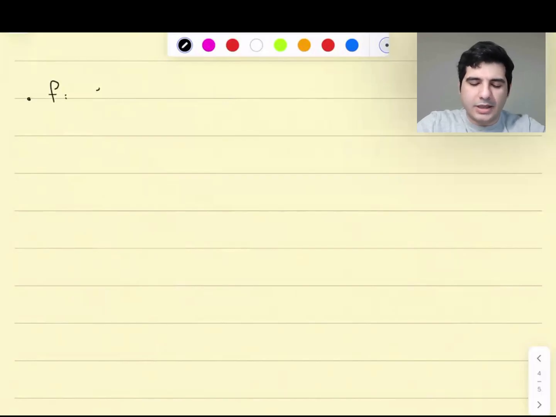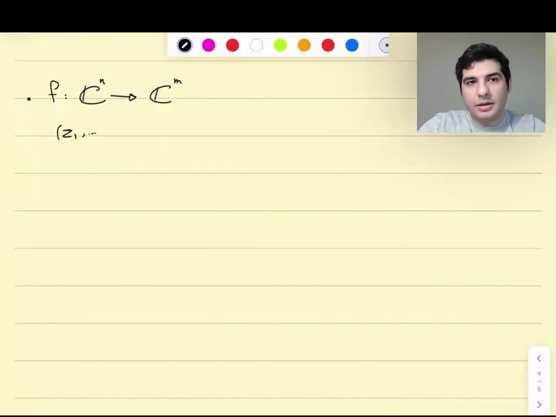Let's think about that for a second. If we have a function f from Cn to Cm, the input is from Cn. So the input is an n-tuple of complex numbers z1 up to zn, right? And f of that is supposed to be a point in Cm. So f of any such thing for a given z1 up to zn would be something in Cm.